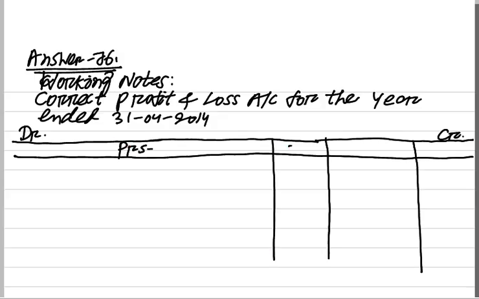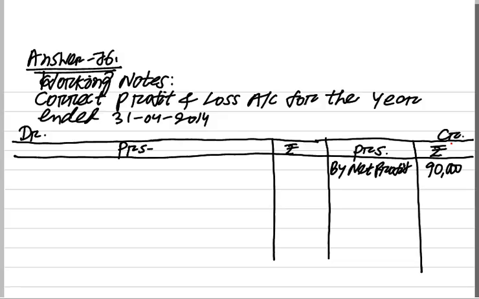Particulars, rupees, particulars, rupees. By net profit brought down, 90,000.